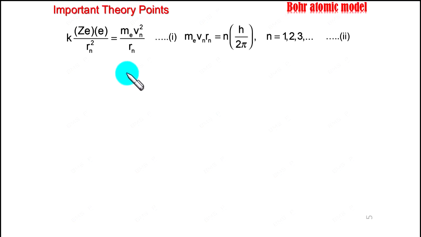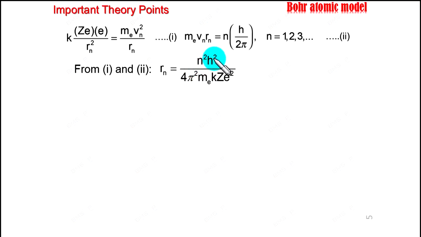So from the first and second equations, if we solve them, we will get rn equal to n square h square divided by 4 pi square m e k Z e square. Here k is the Coulomb constant, equal to 1 divided by 4 pi epsilon naught, Z is the atomic number and e is the charge of the electron.